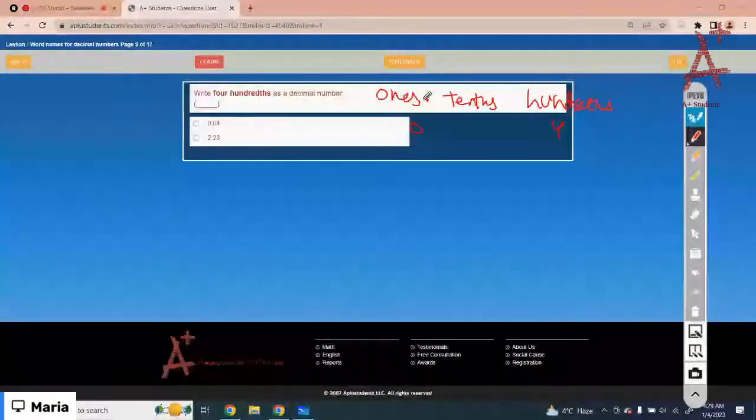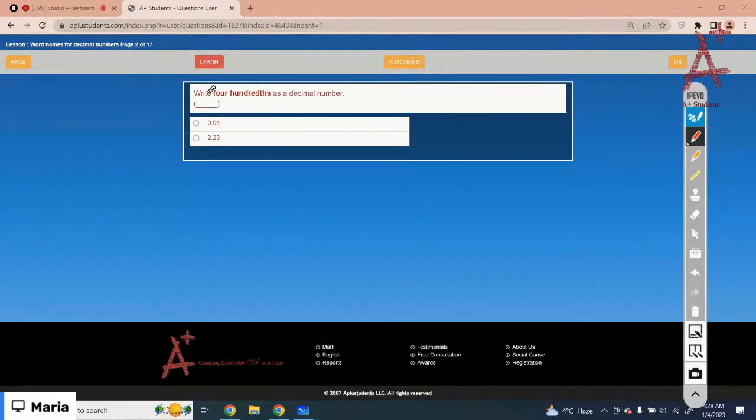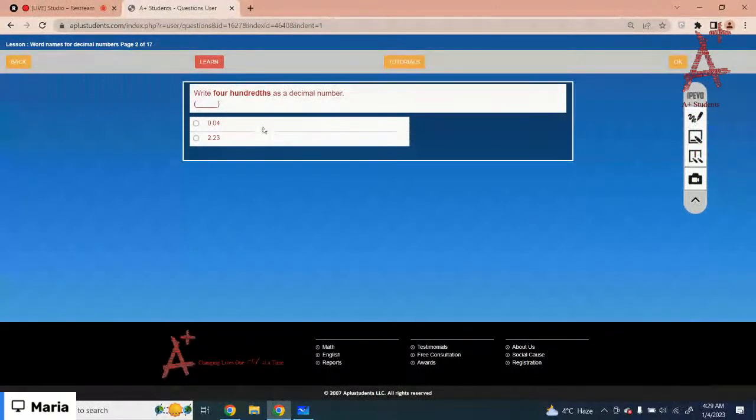You are not given any other digit, so you put another 0. So it would be 0.04. Got it? The first option is the correct one. Just understand the place value. Write the numbers on the place value chart and you'll get the word form. 0.04 is the correct option. Just select the correct option and click on the OK button.